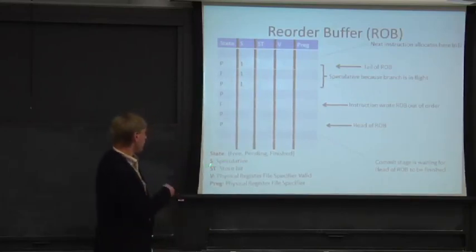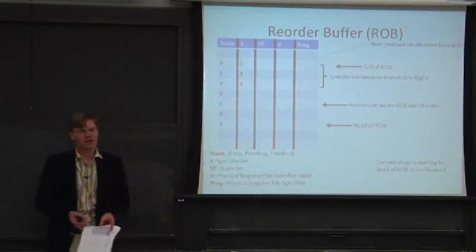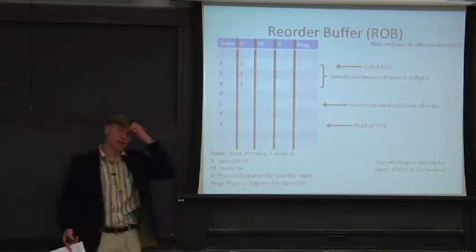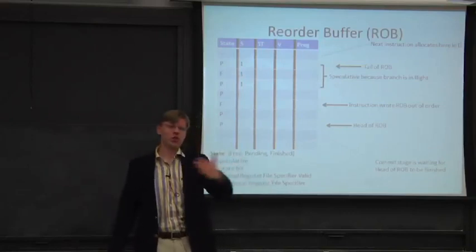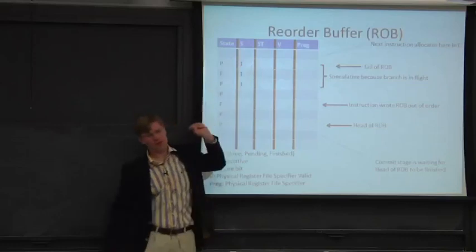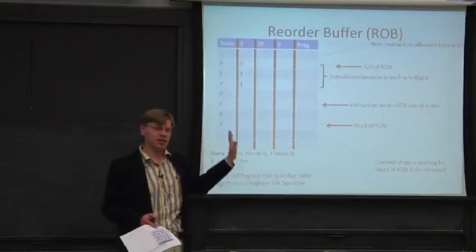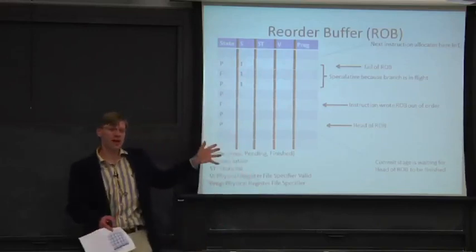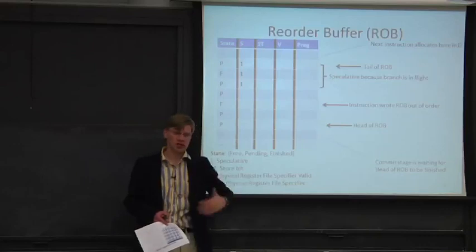Some other things we need to keep track of here. We have a bit here, S, for speculative. What this means is if you have something like a branch, you mark instructions that are newer than the branch with a speculative bit. If that branch mispredicts, it gives you a convenient place to find all the dependent instructions on it to flush and kill.